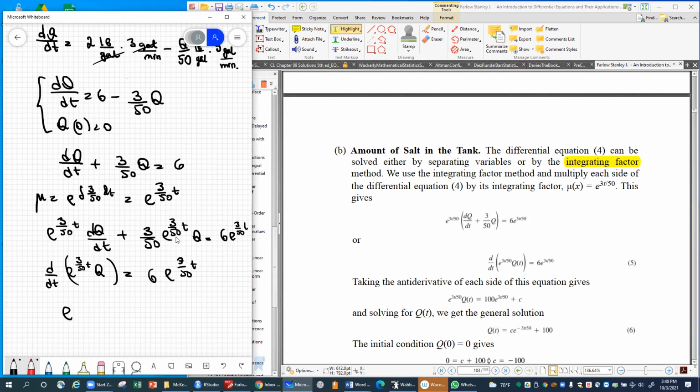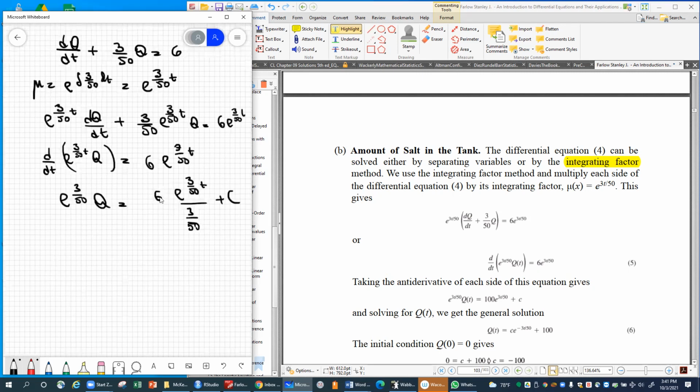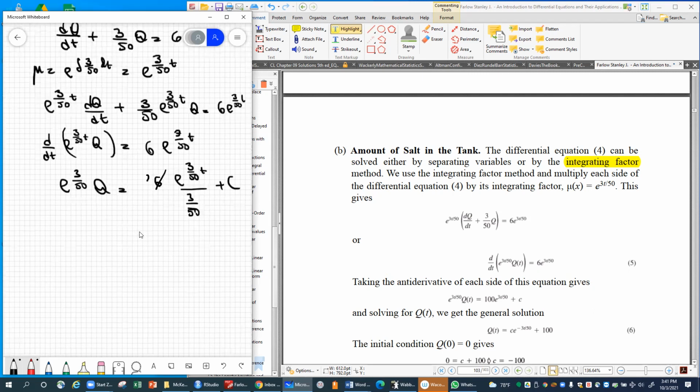So you integrate: 6 times e^(3/50 t) over 3/50, plus a constant, right? And 6 and 3 cancel, you get 2, and the 50 comes up, so that's 100. So you get Q = C e^(-3/50 t) + 100.